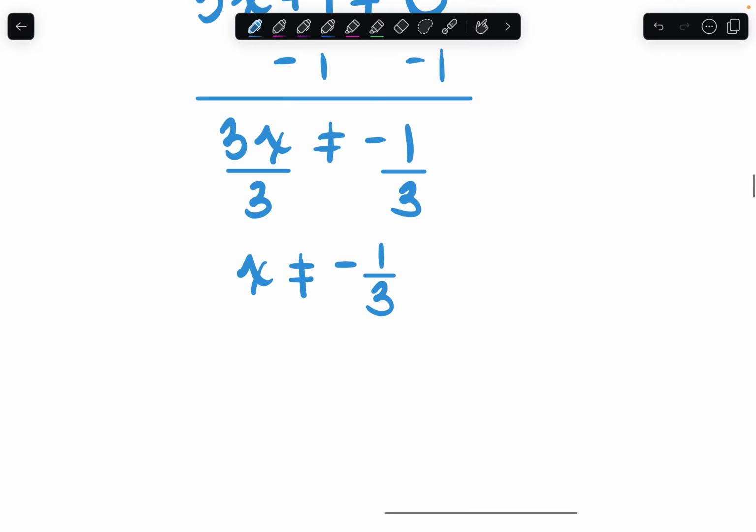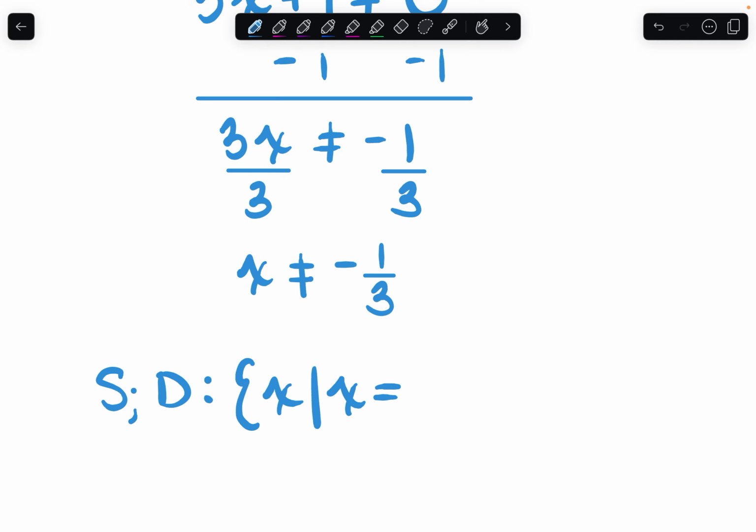All right, answer. So set domain, I'm just going to put an S. Open squiggle, x such that, copy paste, x cannot equal -1/3. Close squiggle. So that means we can be any real number except -1/3.